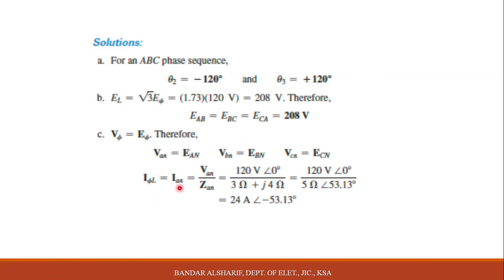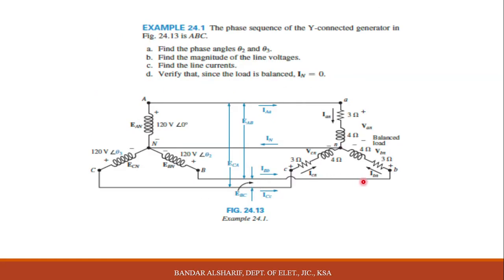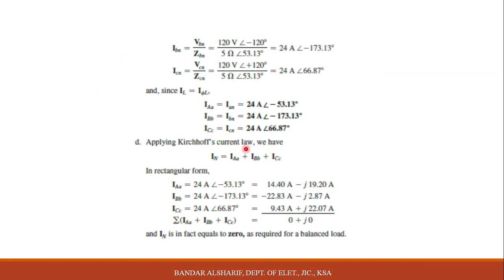This is for IAN. If you need to find IBN and ICN, this is IAN, this is IBN, and this is ICN, phase values. You will do the same thing here, but for the voltage VBN, which is 120 angle minus 120 degree, divided by the same impedance, nothing changed for the impedance.